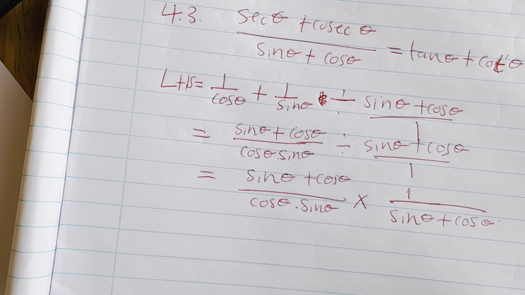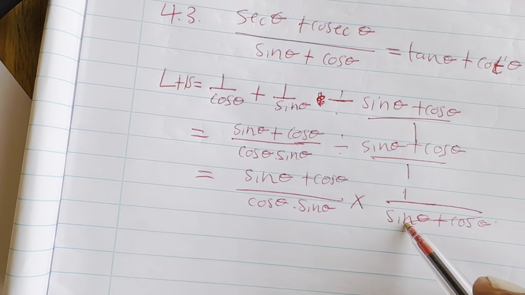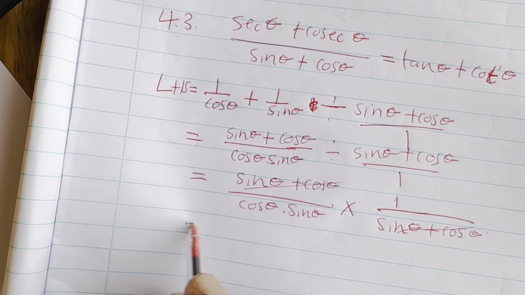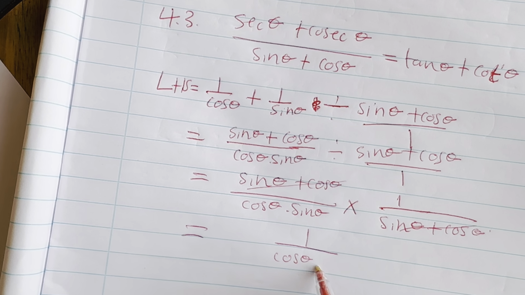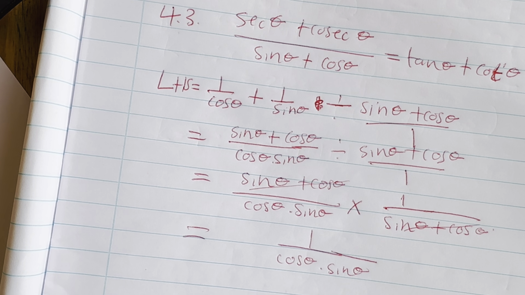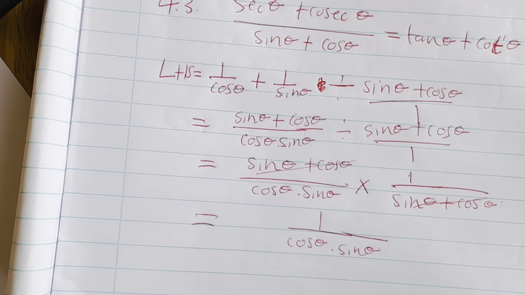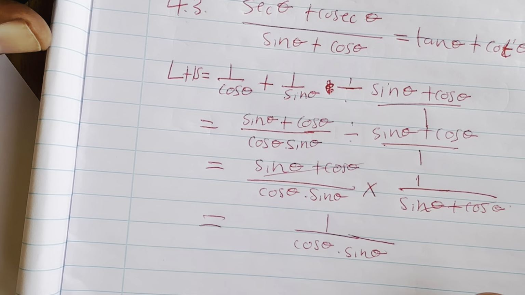Nice. So this one and this one will divide each other, then we'll be left with 1 divided by cos of theta and sine of theta. So in this order, that simply means we need to go again and solve for tan of theta plus cot of theta there. So we can just solve for it this side.